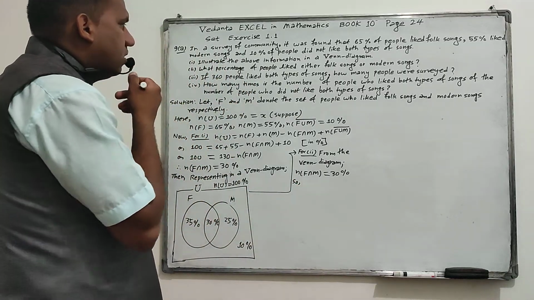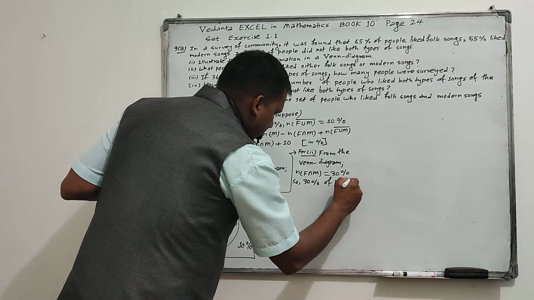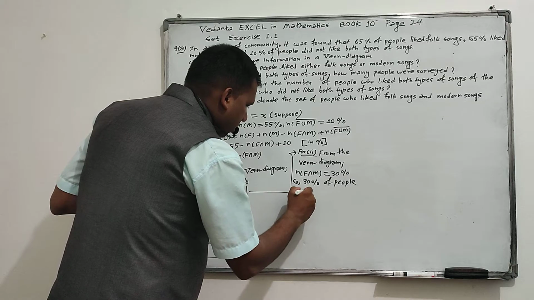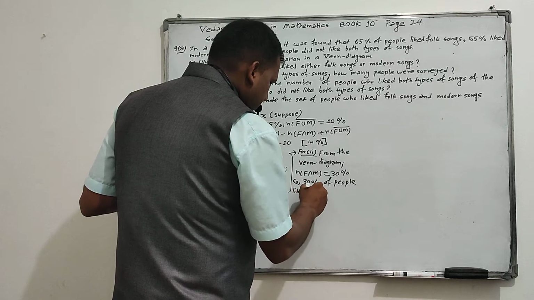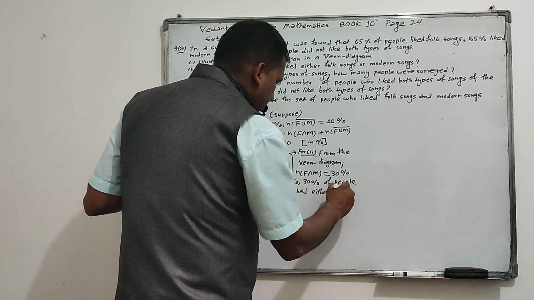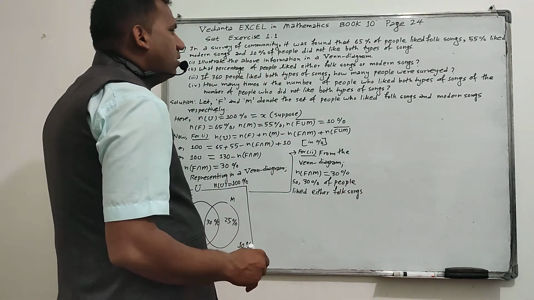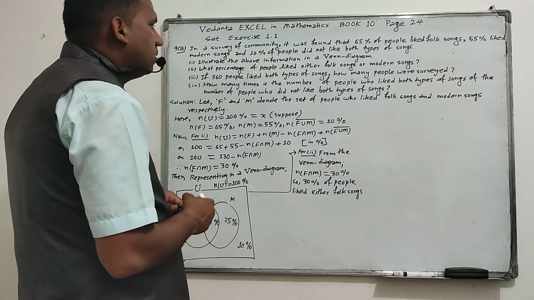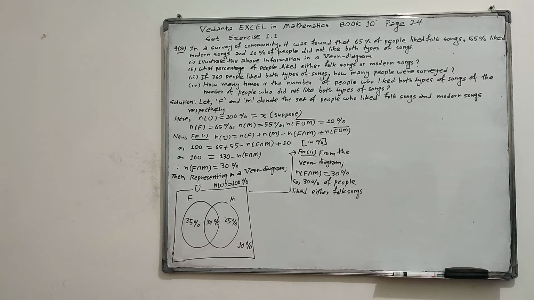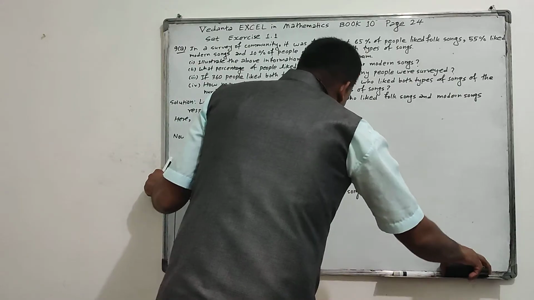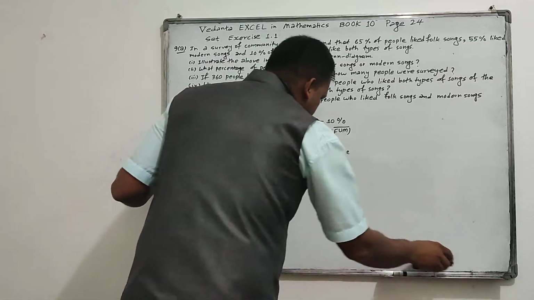So 30% of people like both. Either folk songs or modern songs, either or, this means on the Venn diagram, this means union.